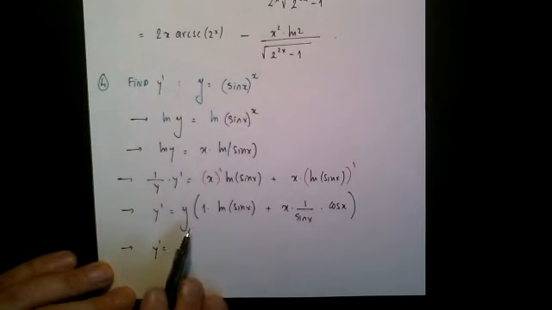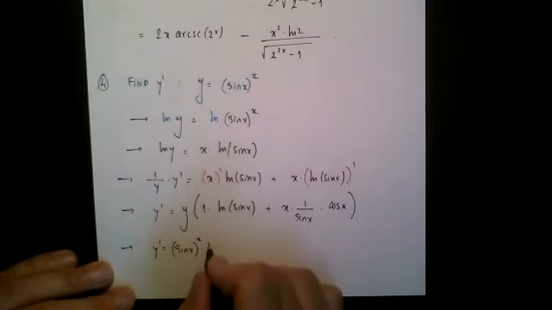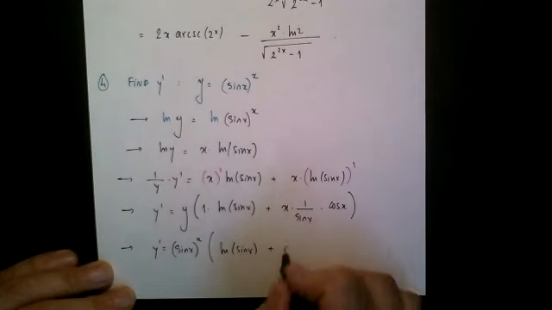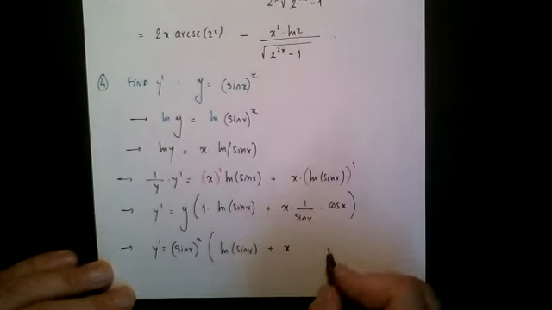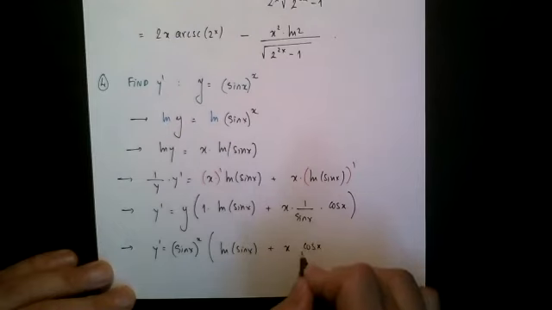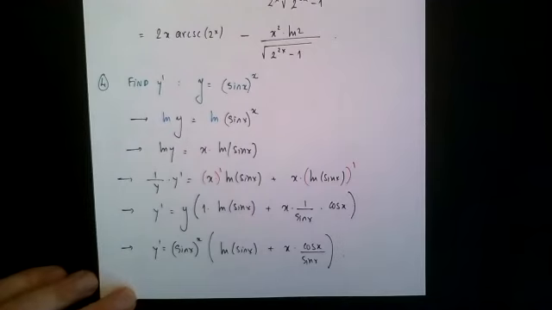Okay, and then after that I'm done. I just need to rewrite the y as this expression. So y will be sine x to the x times ln of sine x plus x times cos x over sine x, which is cotangent x, or I could just leave it if you want. Cos x over sine x, and this is my answer.